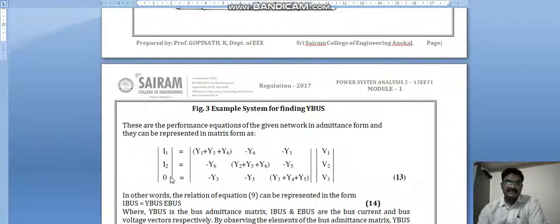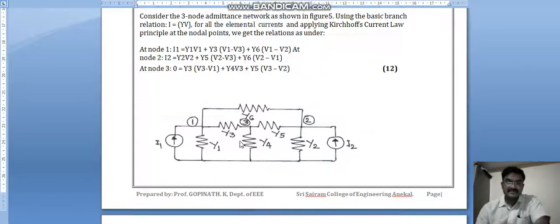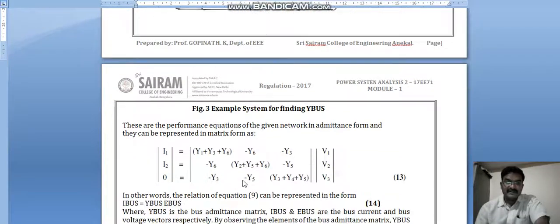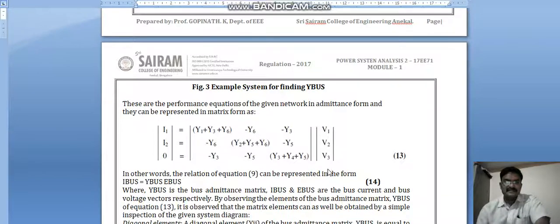Simplifying, we get the matrix with rows: y1 plus y3 plus y6, minus y6, minus y3; minus y6, y2 plus y5 plus y6, minus y5; minus y3, minus y5, y3 plus y4 plus y5, multiplied by v1, v2 and v3.